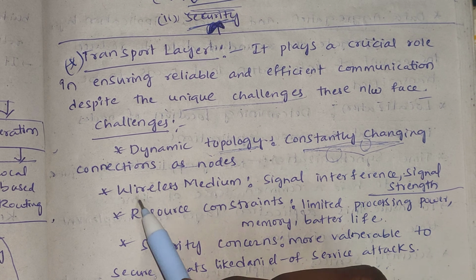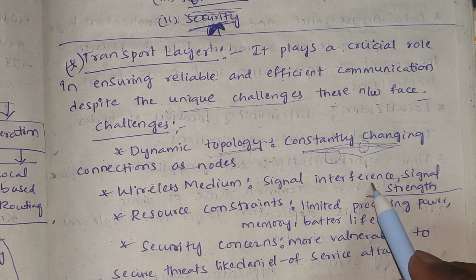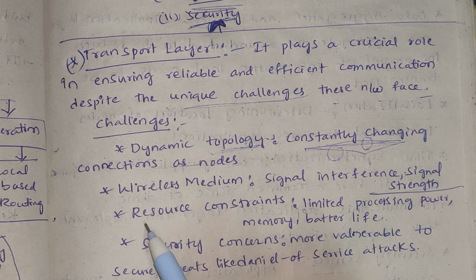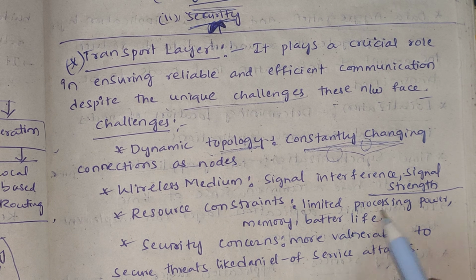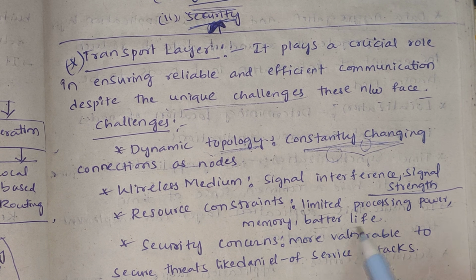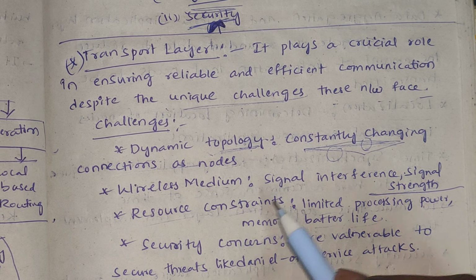Connections change as nodes move. Next, the wireless medium: signal interference and signal strength. Then resource constraints: limited processing power, memory, and battery life. Resources here means things like battery life.